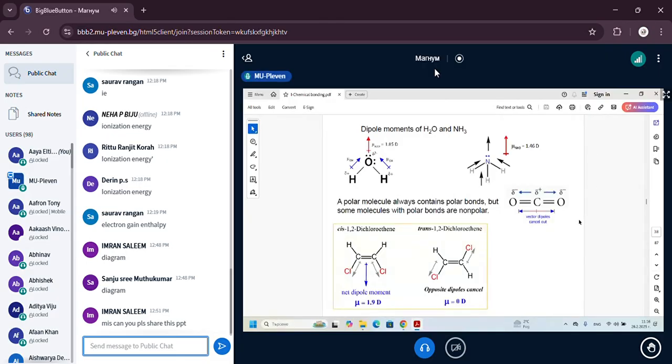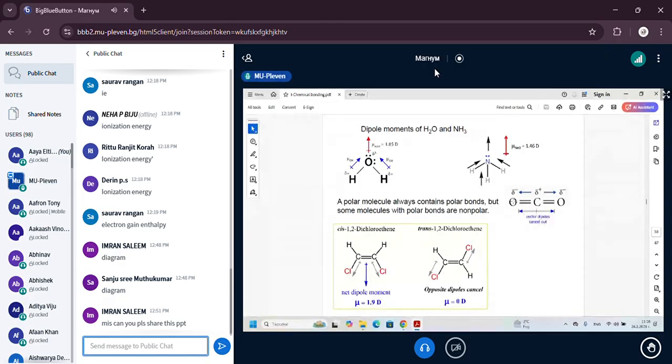But in case we have carbon dioxide, this is the structural formula of carbon dioxide. Bonds between carbon and oxygen are polar.